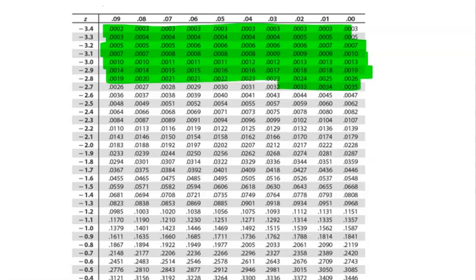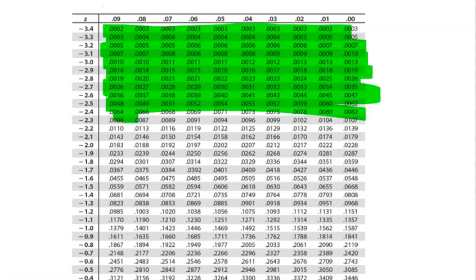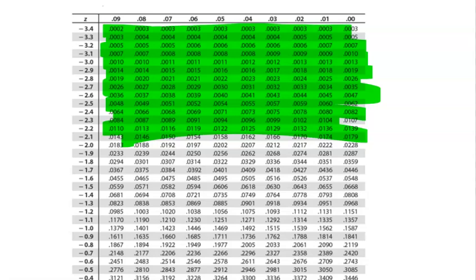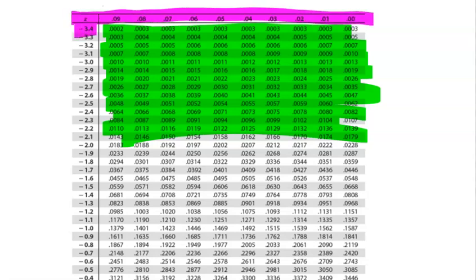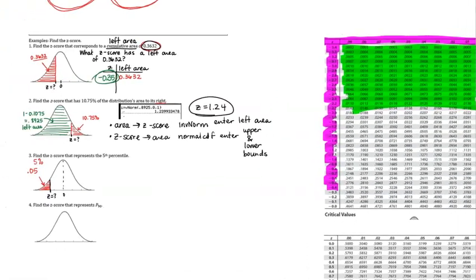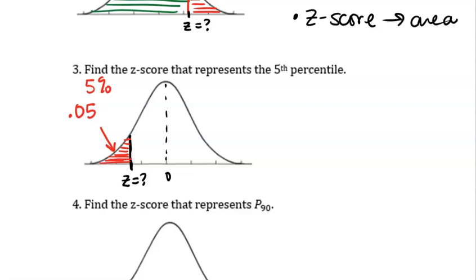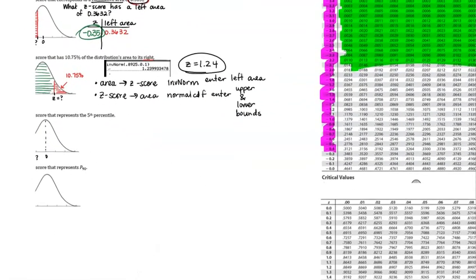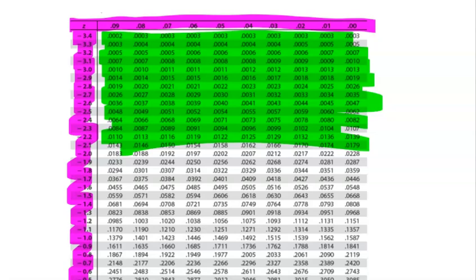What I'm highlighting in green are probabilities or areas. What I'm highlighting in pink is where we get the z-scores from. Okay, we are starting with a green number. We are starting with a probability, an area of 0.05, and we need to go find the z-score that matches up with that.